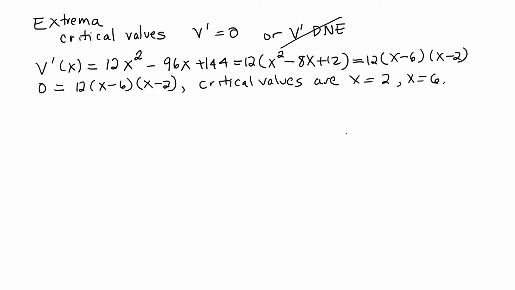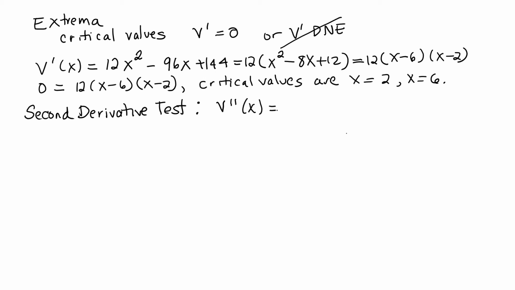We have to determine which, if either of those, will give us the maximum volume. Got to check that. To do so, I'm going to use the second derivative test. To use the second derivative test, we need the second derivative, so let's compute that.